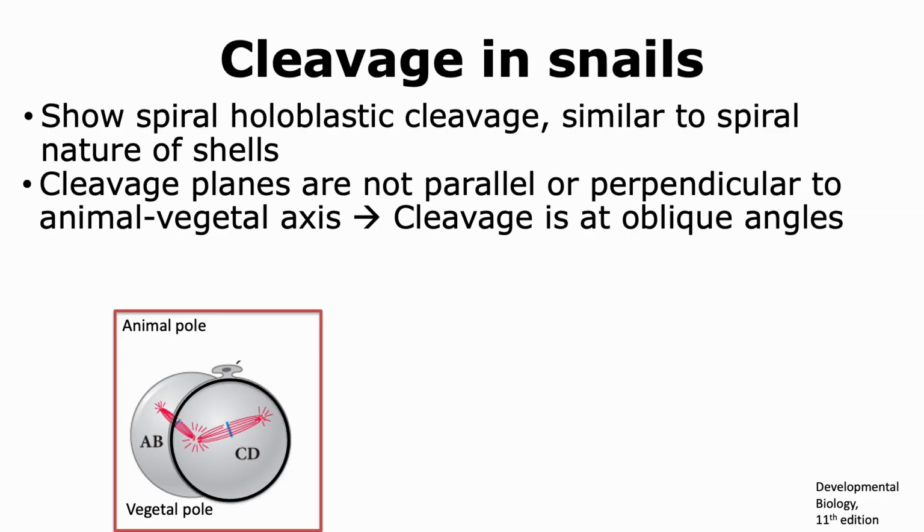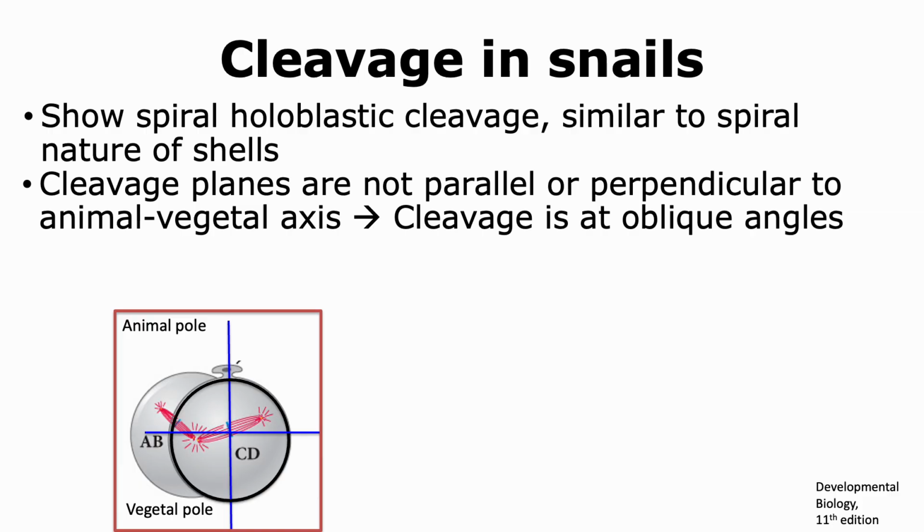Now, if we focus on the CD cell, which is shown in the form of that black circle, we can see that it is going to undergo mitosis and a spindle has been formed. If you look at the plane in which the spindle is formed, it is not on that vertical axis, so it is not parallel to the animal-vegetal axis.